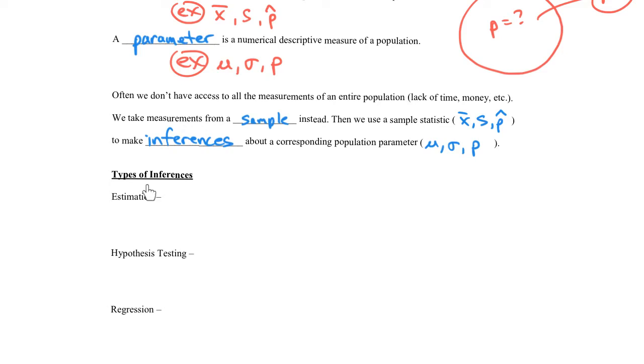Some of the types of inferences we'll use will be estimation. This is where we estimate the value of a population parameter.